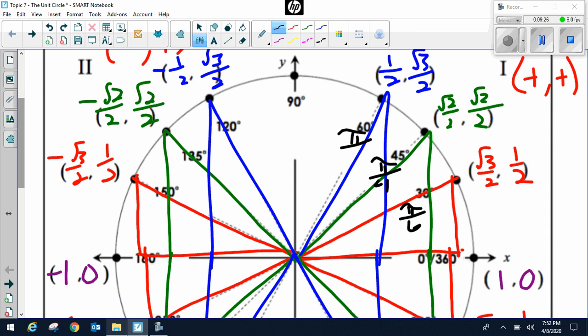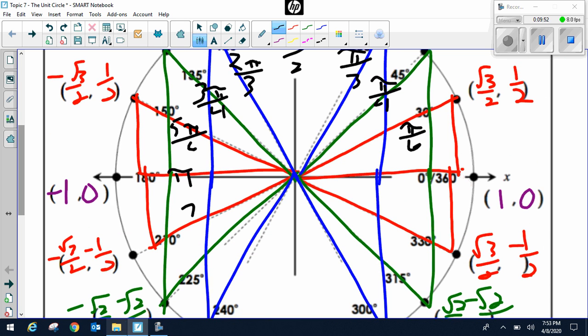And I'll give you the rest of them all the way around. 90 is pi over 2. 120 is 2 pi over 3. 135 is 3 pi over 4. 150 is 5 pi over 6. 180 is just pi itself.